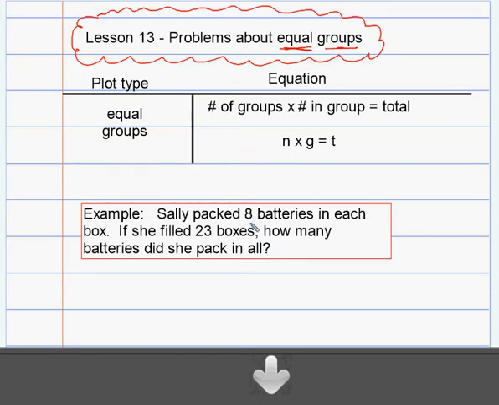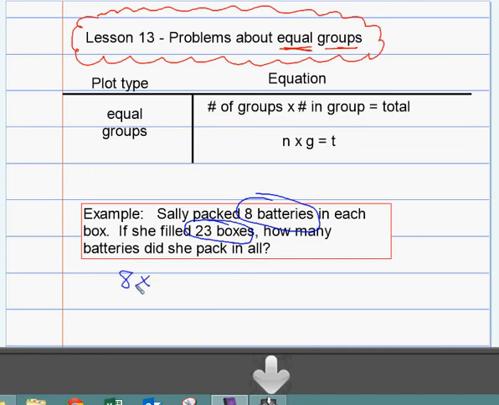We have 8 batteries. So I'm going to circle this because this is important to me. 8 batteries in each box, and she filled 23 boxes. Okay, so we have 8 groups, 23 in each group.